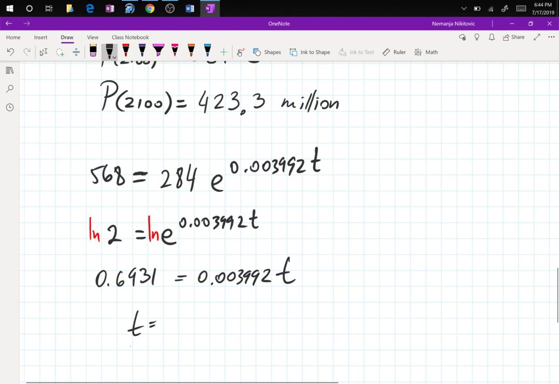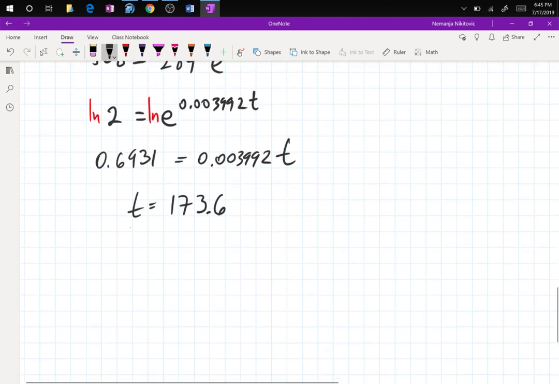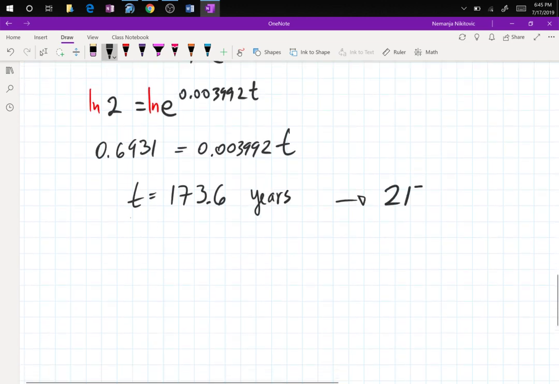These are all approximations anyway. So you can say in about 170 years or 175 years, we are expecting to double the population. So the number you get there is the number of years since 2000, 2174. That's when you have double the population.